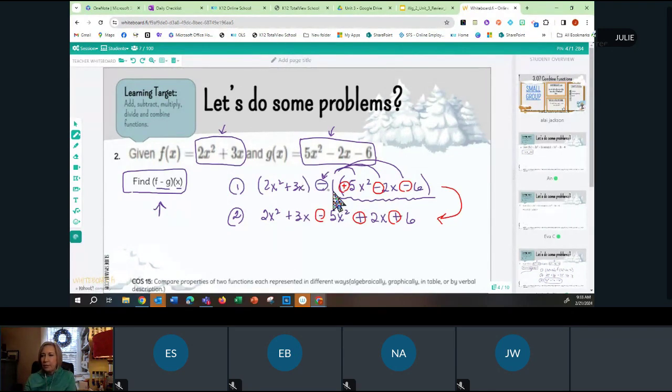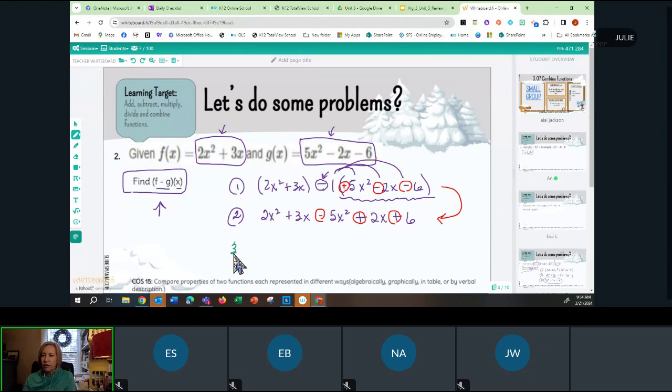Anybody know? The positive 5x squared turned into a negative, and the negative 2x turned into a positive, and the minus 6 turned into a plus 6. So all three of these signs, because we were subtracting, changed. Okay, and a lot of times we forget that step.